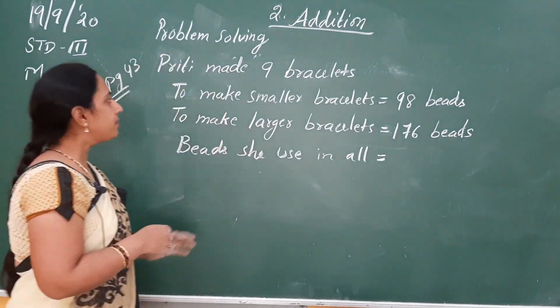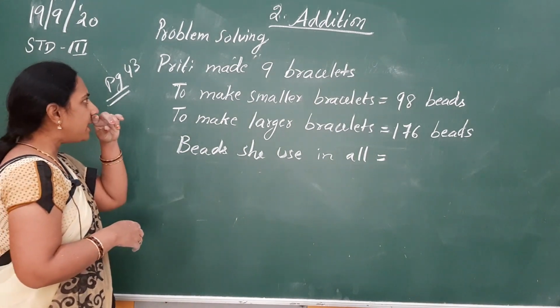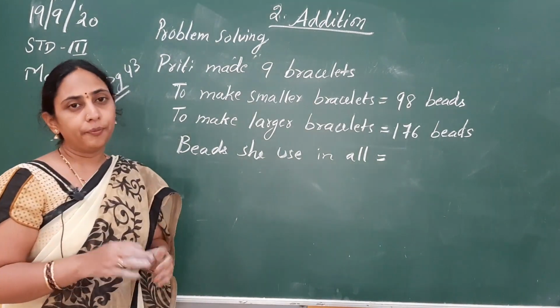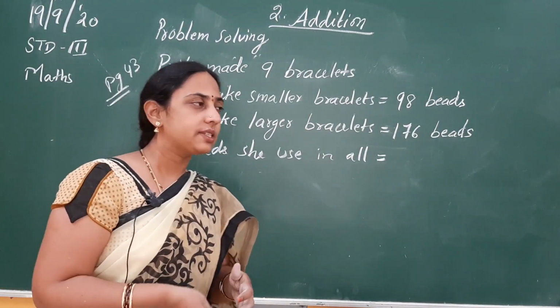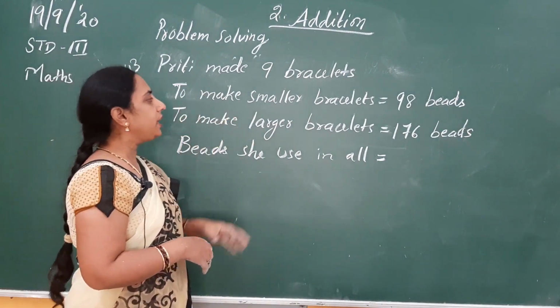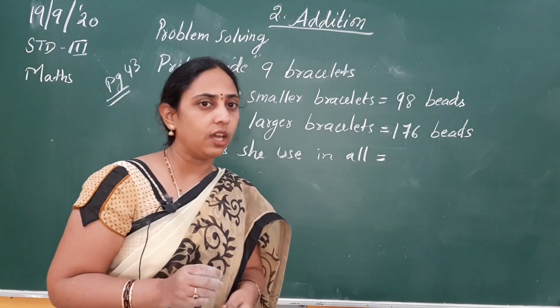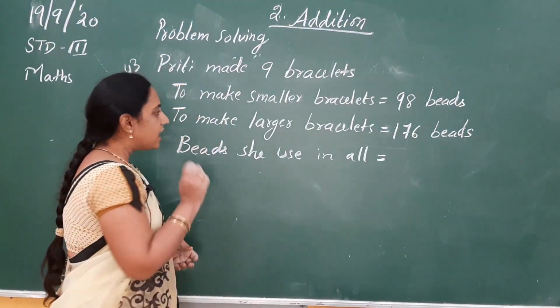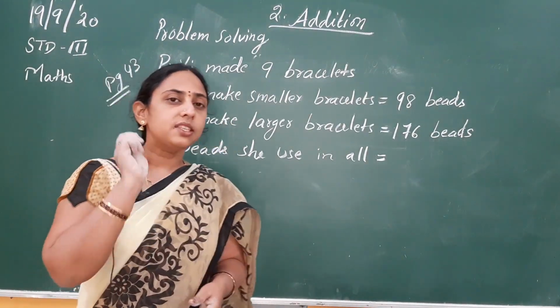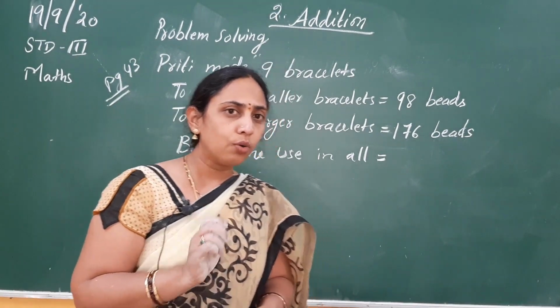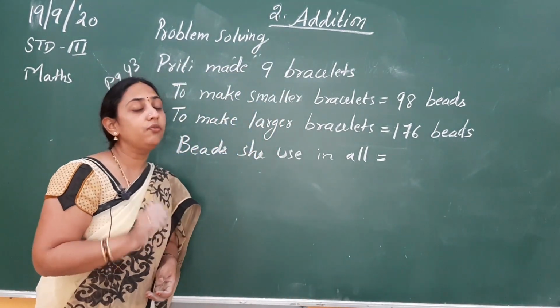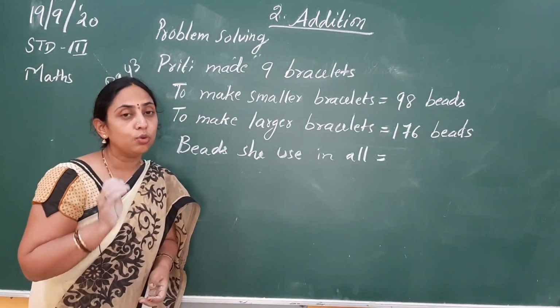So let us take the first question. Preeti made 9 bracelets. One girl, Preeti, she made 9 bracelets, and to make the smaller bracelets she used 98 beads, okay, and to make the larger bracelets she used 176 beads. Now here we have to underline which information is important to us.